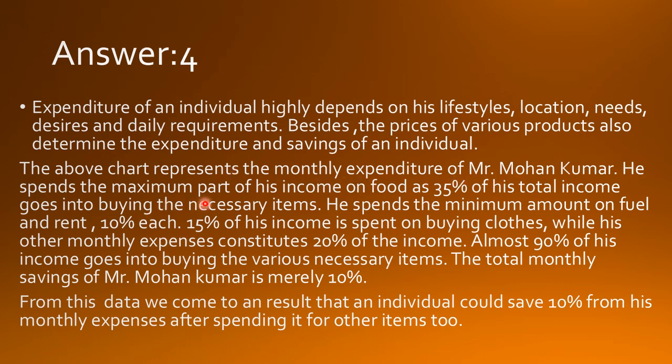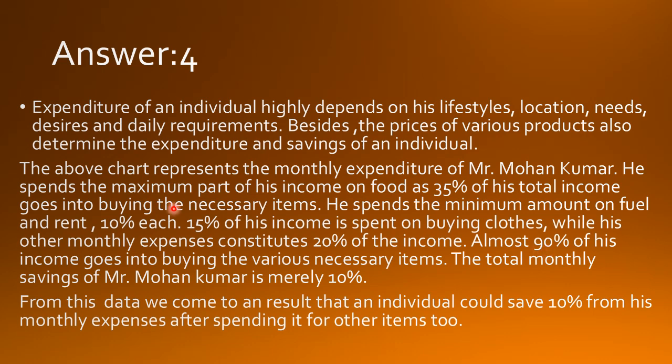He spends the maximum part of his income on food, as 35% of his total income goes into buying the necessary items. He spends the minimum amount on fuel and rent, 10% each. 15% of his income is spent on buying clothes, while his other monthly expenses constitute 20% of the income.